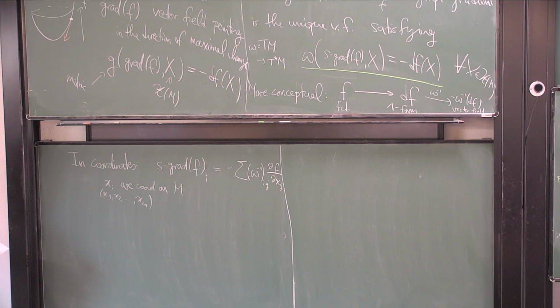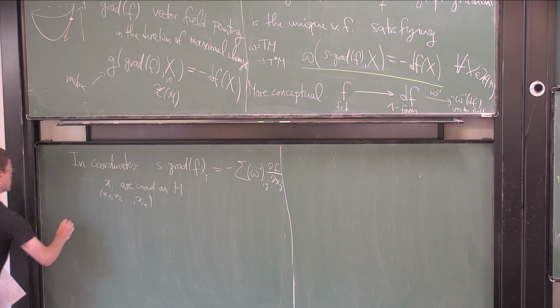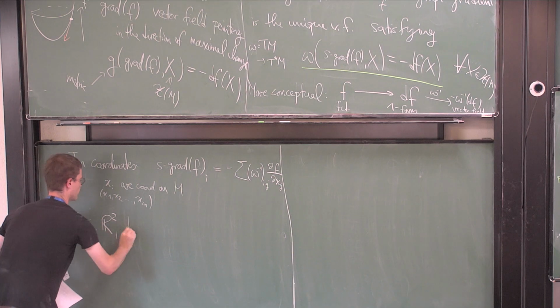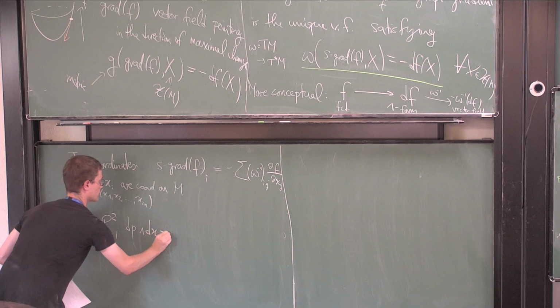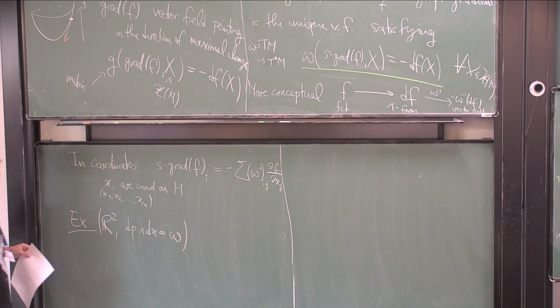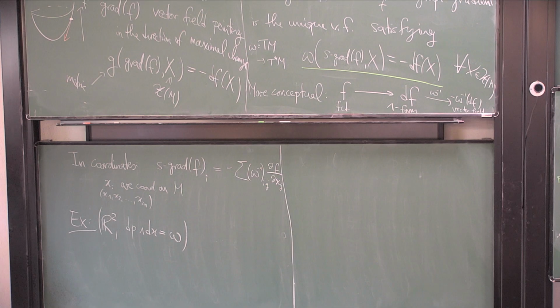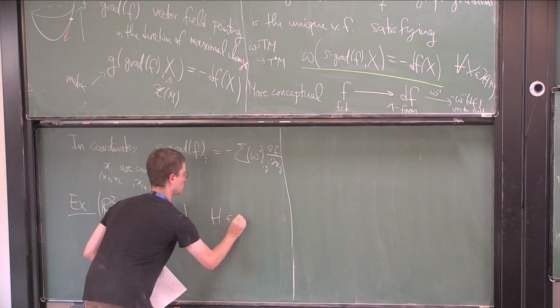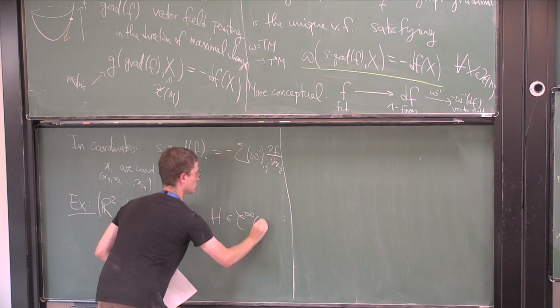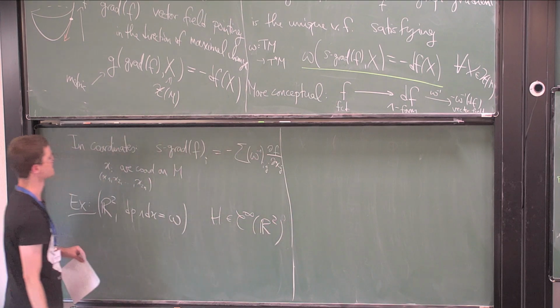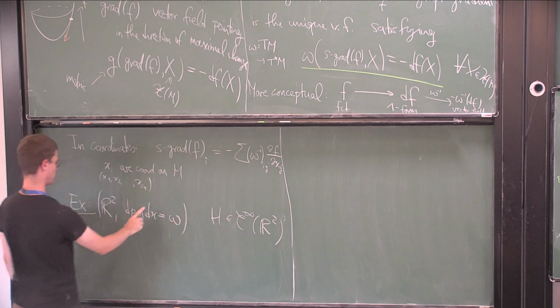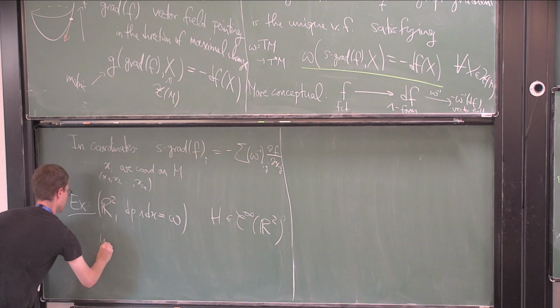So let's do an example immediately. Let's do R2 with dp wedge dx as the symplectic form. So what is the symplectic gradient of any function? Let's call the function h, a function on R2. So what does this formula tell you? Well, first of all, we should write omega as a matrix.